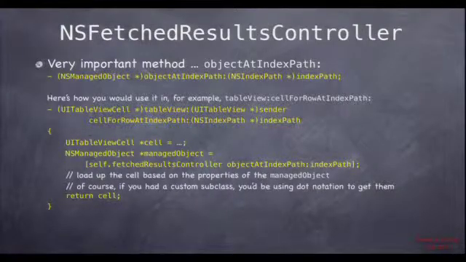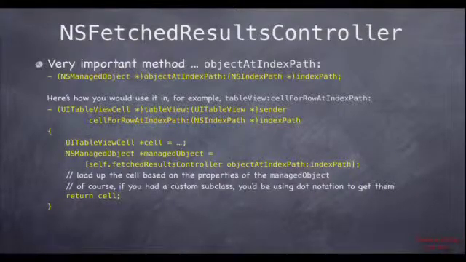So if you have to implement cellForRowAtIndexPath, one of the first lines in there after you create your cell is going to be managedObject equals self.fetchedResultsController objectAtIndexPath, the index path you got as an argument. Now you've got the managed object. You can do valueForKey on it, or if you've got a subclass of it, you can use dot notation to get the properties of that object. Because remember that in a Core Data driven table view, every row is represented by an object in the database. Okay? One-to-one relationship between a row and an object in the database.